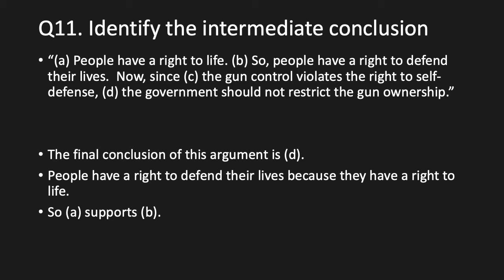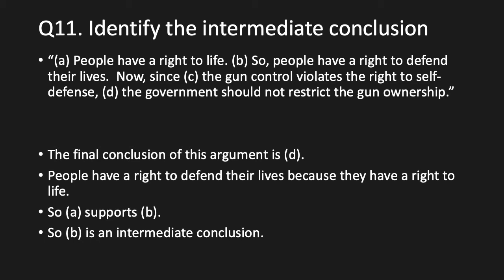Hence, you can see that A supports B. B, then, is supported by A, but it is not itself the final conclusion of the argument. Hence, B is an intermediate conclusion of this argument.